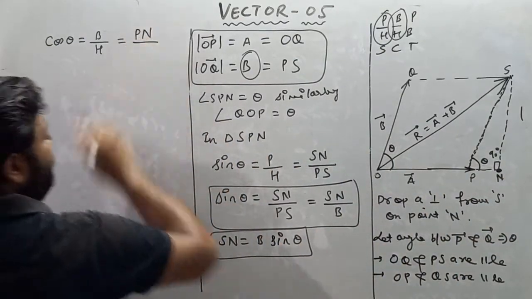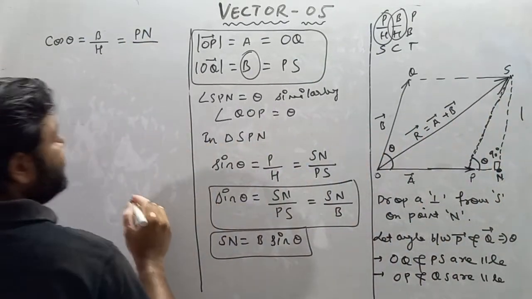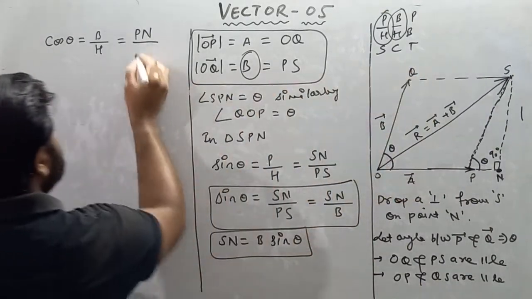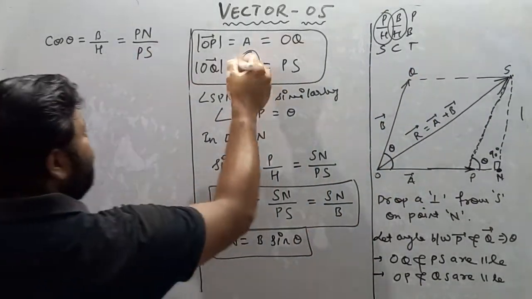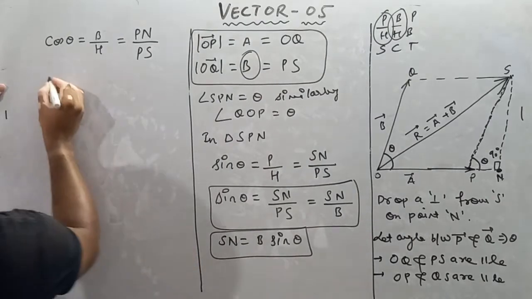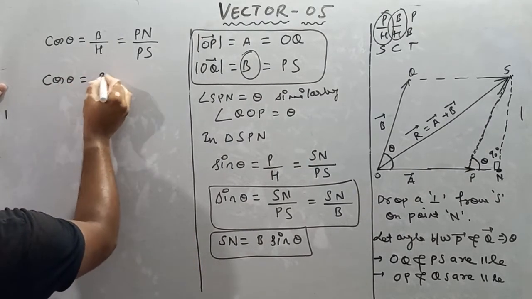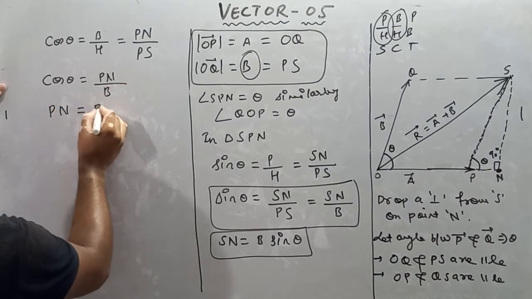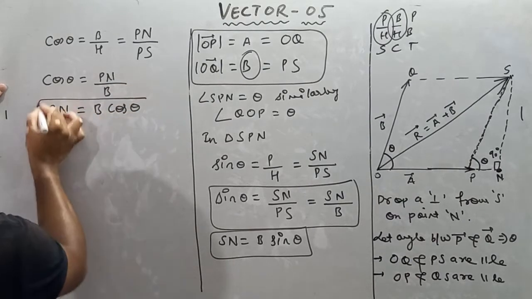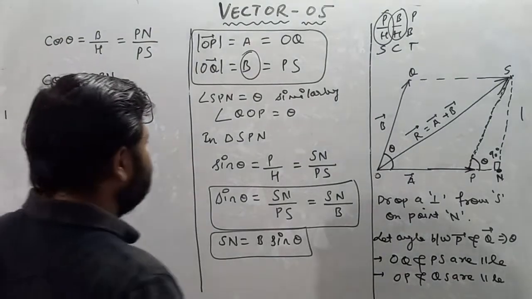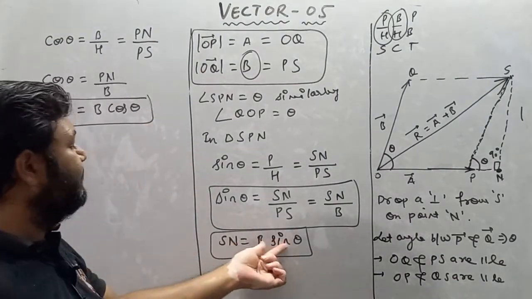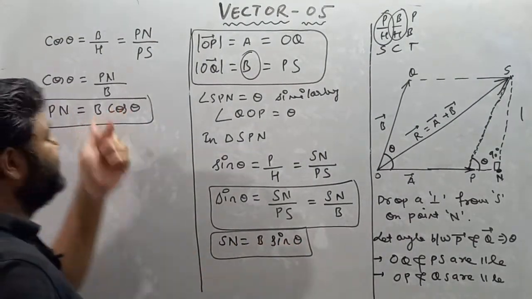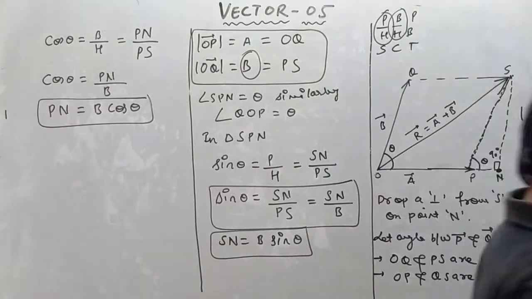So PN upon hypotenuse PS, and we know that the value of PS is B. So cos theta is equal to PN by B. So from this equation, we'll get PN is equal to B cos theta. I hope you all understand my point. SN is equal to B sin theta and PN is equal to B cos theta.